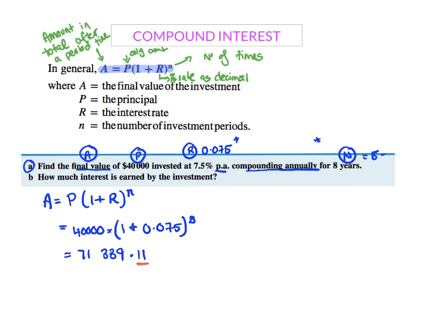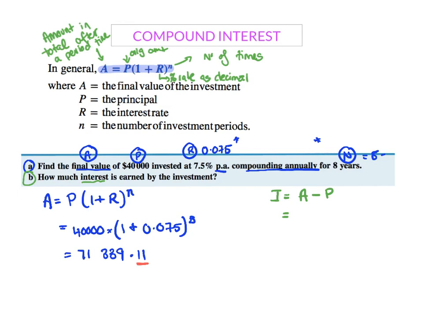Now, in this second question here, B, they've asked how much interest is earned. So how much extra did this person get from investing their money? So if you think about it, interest would equal the total amount they have at the end minus what they put in at the beginning, which is the principal.